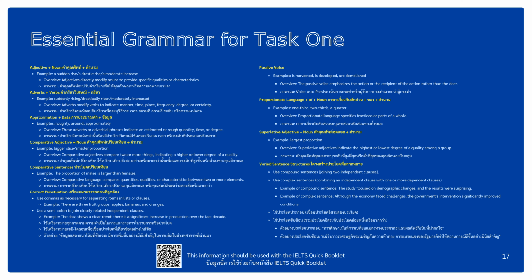Or, although the economy faced challenges, the government's intervention significantly improved conditions. This is an example of a complex sentence. So mastering these grammatical structures will help you clearly describe data and trends, which is, of course, essential for a high score in IELTS Writing Task 1.